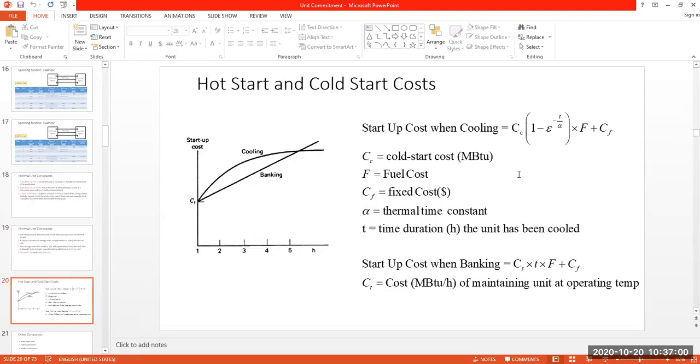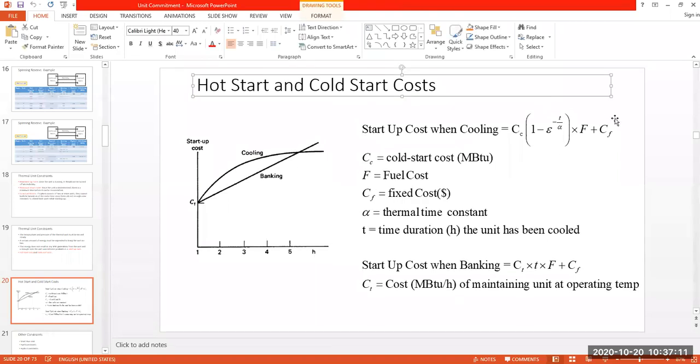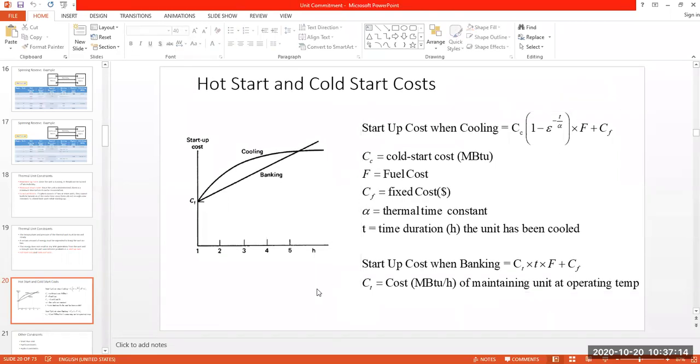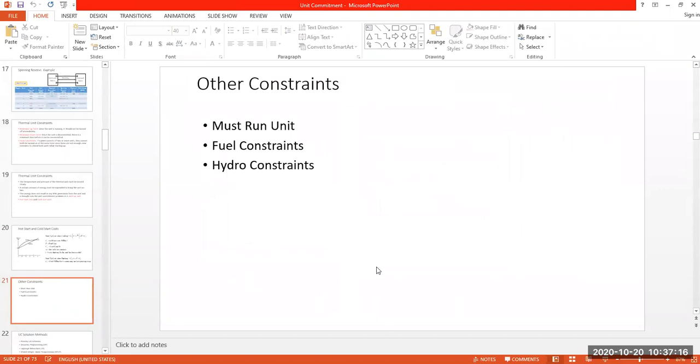We try to find out the mathematical expression for the costs, both the hot start cost and the cold start costs. Okay, so then we talked about some other constraints, like some of the units should be kept as must run, or if not for the full duration, then at least for some duration of the operation of the power units.